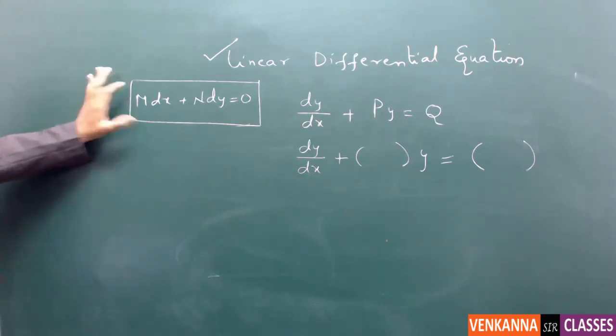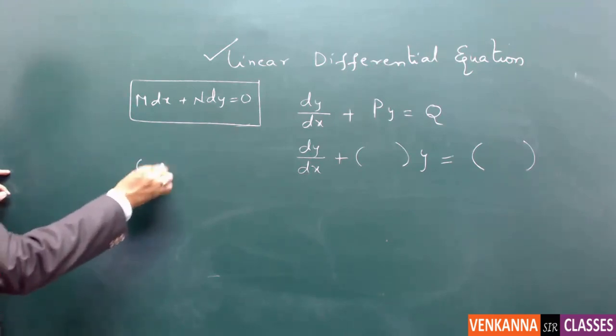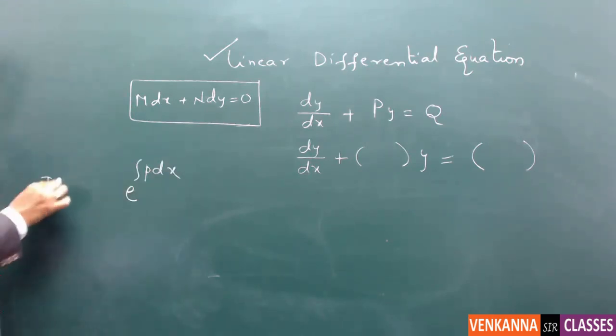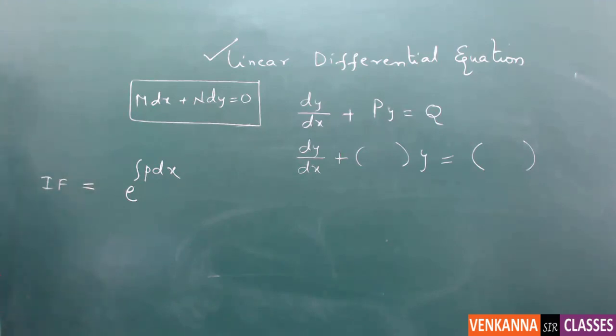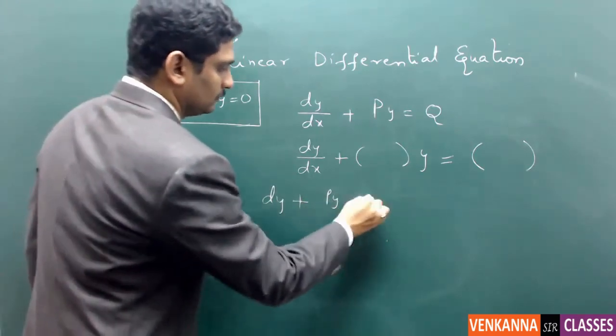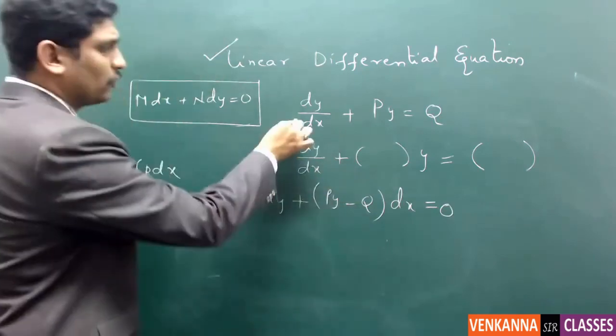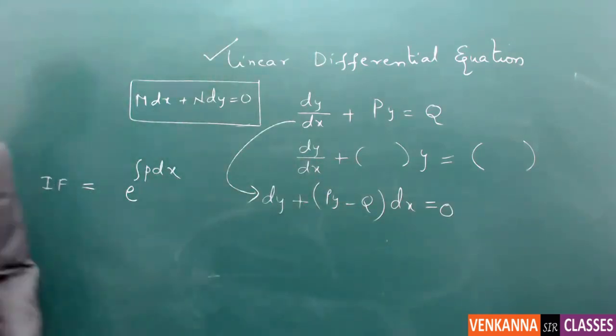Here the integrating factor is given by e power integral p dx for the given equation. In solving the procedure, let me say one thing. We are going to represent it in this manner. Accepted?